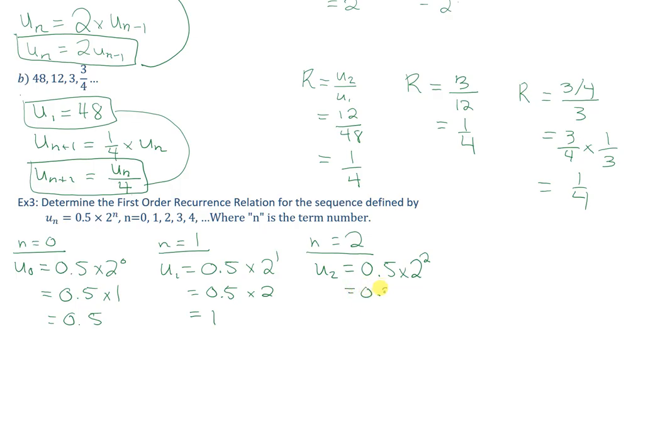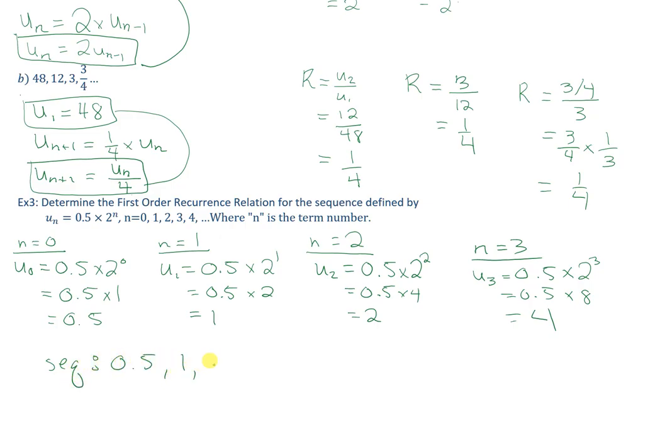Well, that's half of 4, so that's 2. Let's just do one more for full completeness. u3 is half times 2 to the 3. That's half of 8, which is 4. So my sequence is 0.5, 1, 2, 4, and so on.